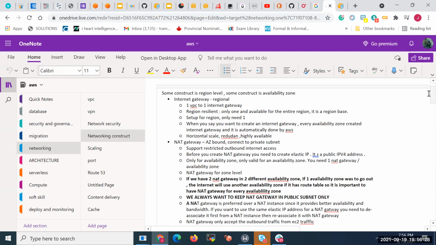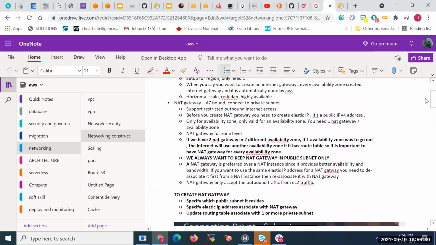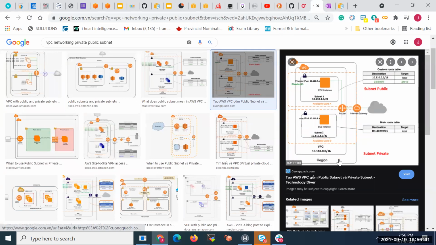Now we go to the NAT gateway, and it's a little bit more complex. A NAT gateway is availability zone bound. Do you remember the availability zone that we showed? Yes.